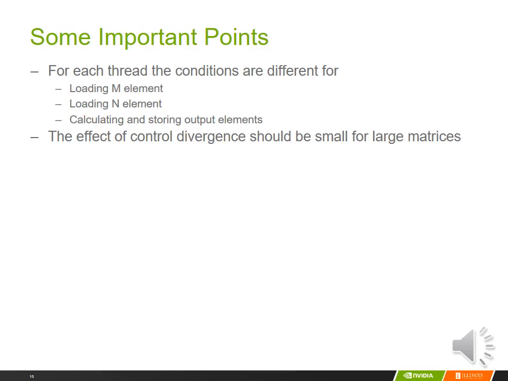For large matrices, most of the threads should be executing in the region where all these conditions will be true. So we would see some level of control divergence, but its effect should be small for large matrices.